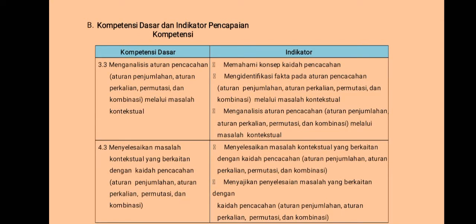Next is B, basic competencies and competence achievement indicators. The basic competencies in this topic are 3.3 and 4.3, and there are many competence achievement indicators.